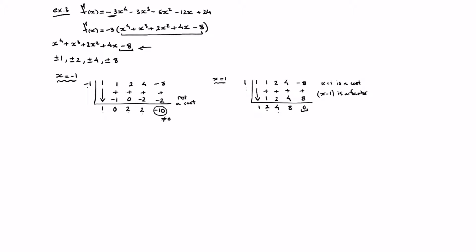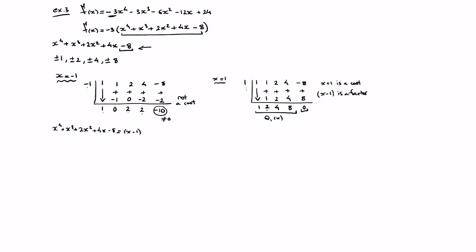And we have the coefficients right here, and we'll call it q1 of x. So at this stage, we can write that x to the power of 4 plus x cubed plus 2x squared plus 4x minus 8 equals x minus 1 times q1 of x.